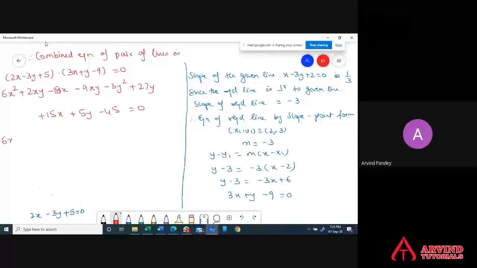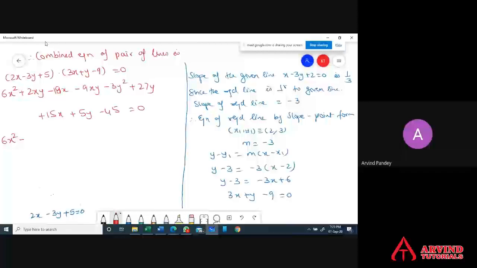So it will be like 6x square minus 7xy minus 3y square. Okay? Then see, minus 18x plus 15x is minus 3x. 27y plus 5y would be plus 32y minus 45 equal to 0. Okay, this is your final answer.